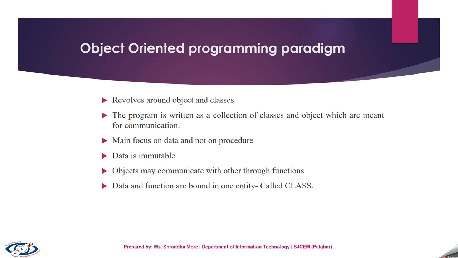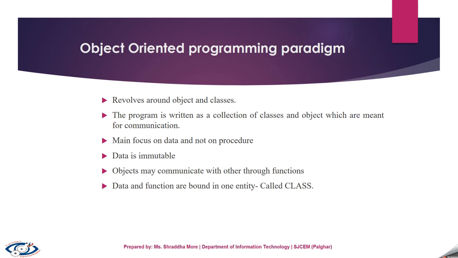Next, we will study the object-oriented programming paradigm, which falls under the imperative programming paradigm. Basically, it revolves around objects and classes. The program is written as a collection of classes and objects which are meant for communication. The main focus is on data but not on the procedure.